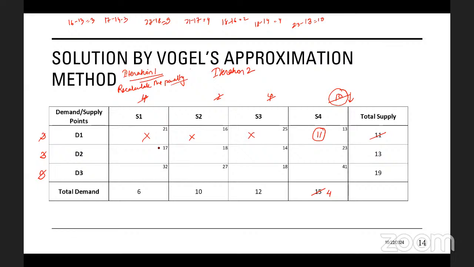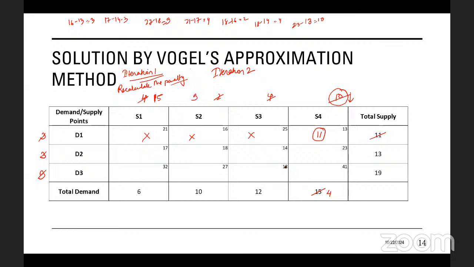In this row, this would be 15. In this row, this will be 15. In the next row, this would be 18 minus 27, which is 9.